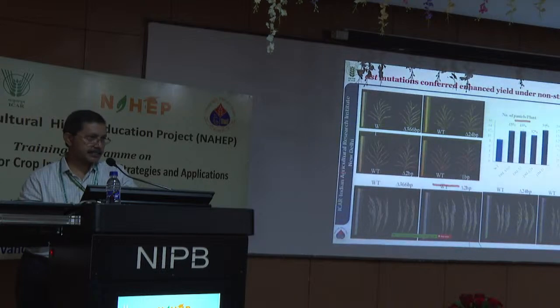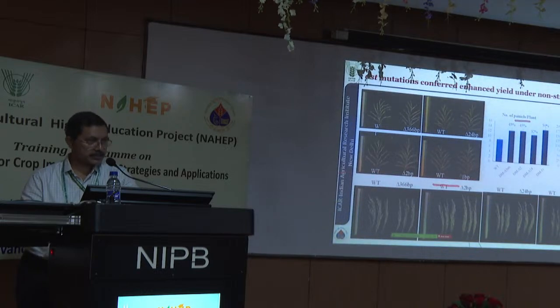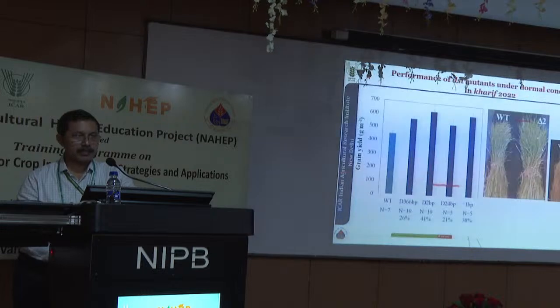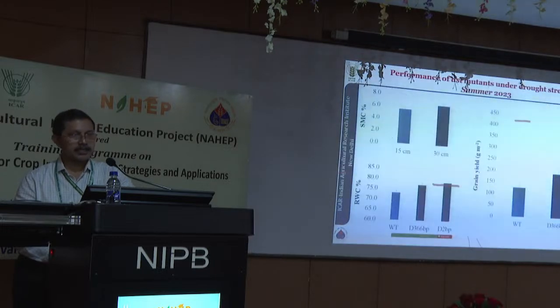When the DST is mutated, cytokinin oxidase expression is less, so cytokinin accumulation is promoted, thereby promoting the plant. We also compared this in the field condition, and we found that these mutants produce a significantly higher amount of grain under normal condition, and also under field stress condition.